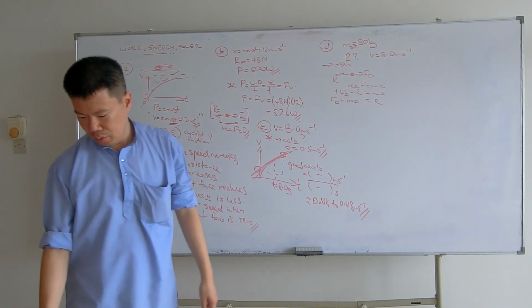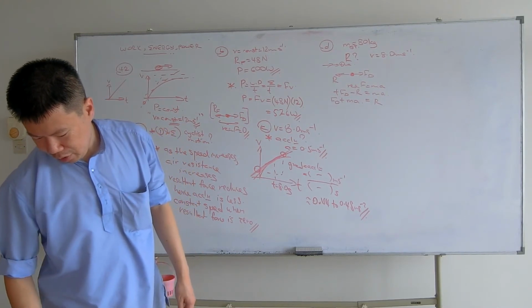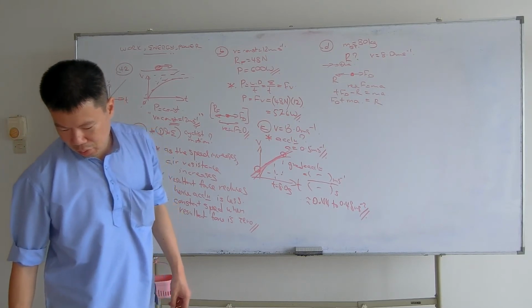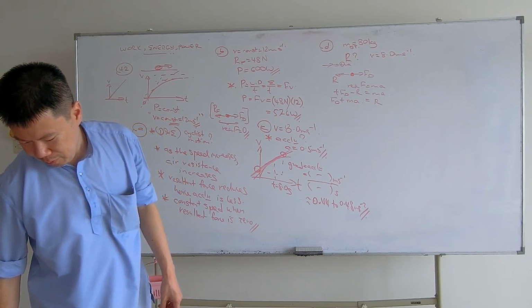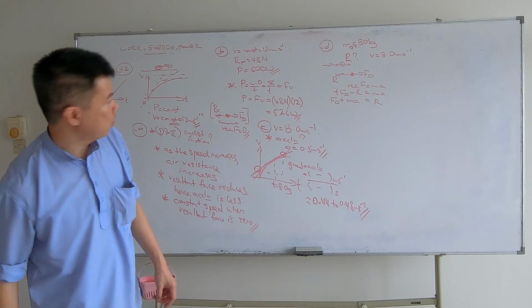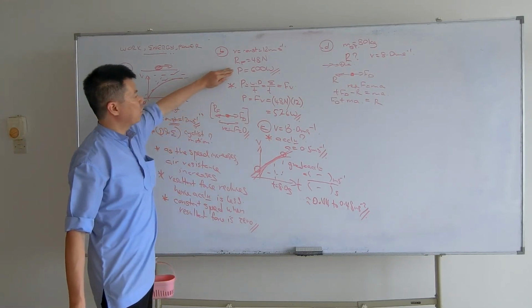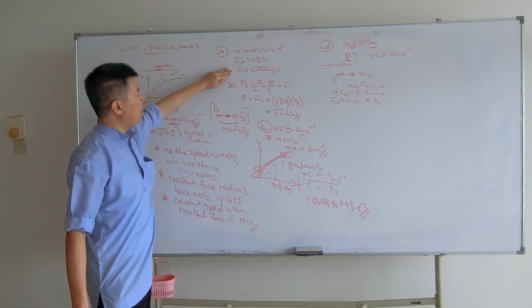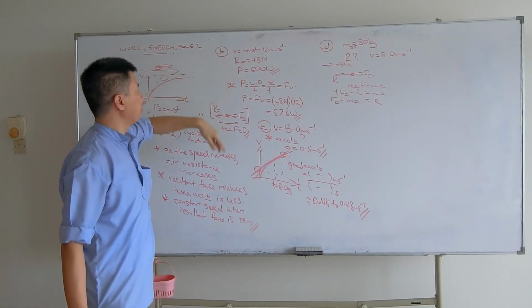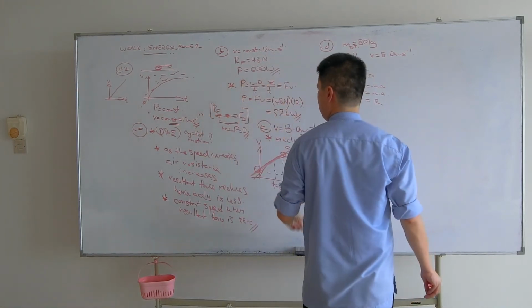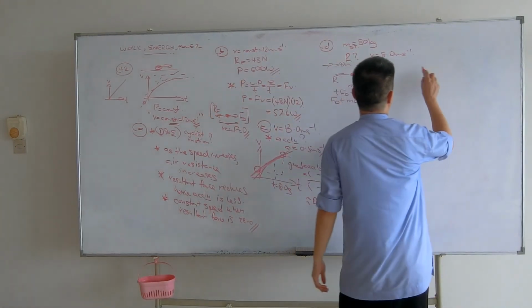Okay, so with this, what's the next step going to be? You already know the information that you have given here, which is you have a constant power of 600 watts. So how are we going to use this in the question? Power is 600 watts.